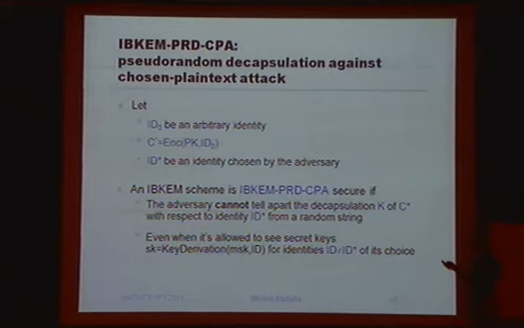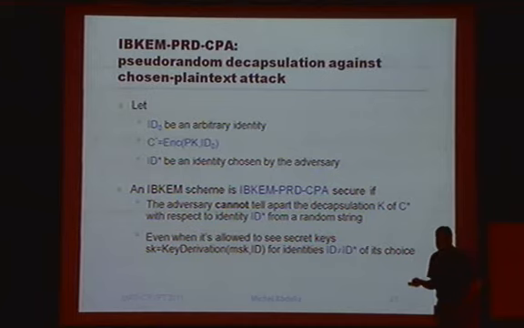Unfortunately, in order to get this transformation, the property that we need is not quite the standard notion. It is what we call pseudo-random decapsulation. Imagine, for instance, we choose an arbitrary identity ID 0, and then we encrypt to this identity.